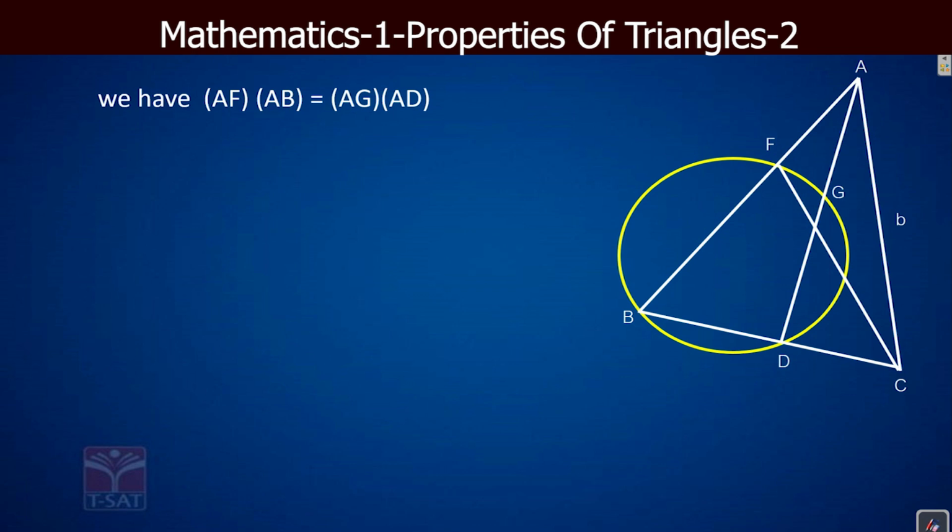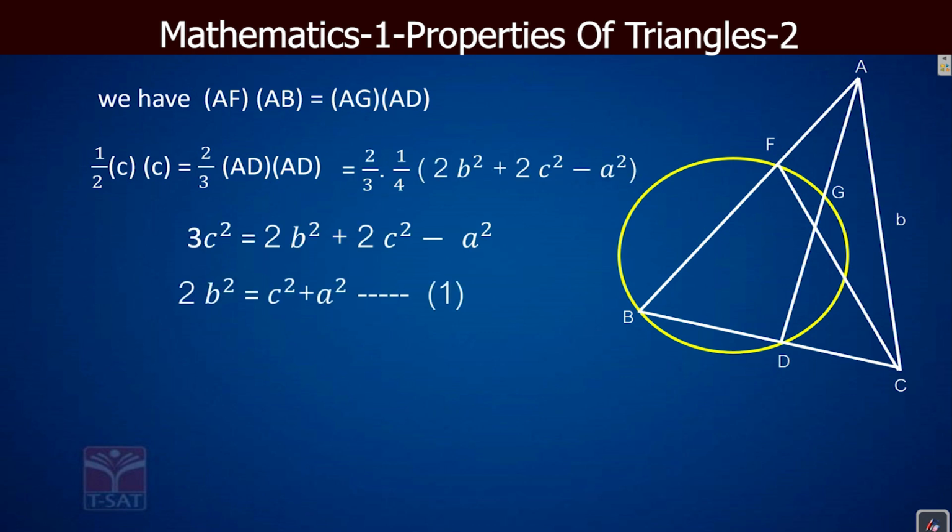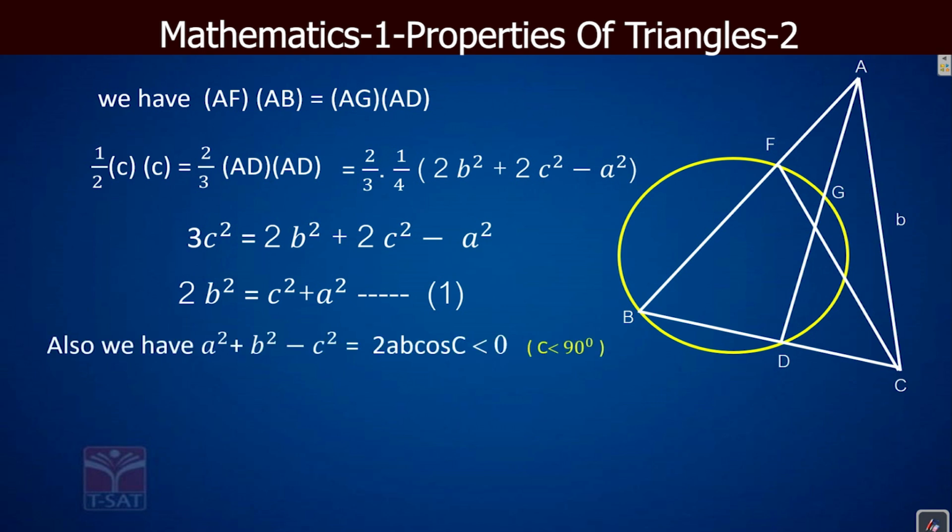That is half c into AB, meaning small c, is equal to 2 by 3 AD into AD, because AG is 2/3 AD, as the centroid divides the median in the ratio 2:1 from the vertex towards the base. So from that what you get is 3c square is equal to 2b square plus 2c square minus a square, or 2b square is equal to c square plus a square. 2b square is equal to c square plus a square, number 1.